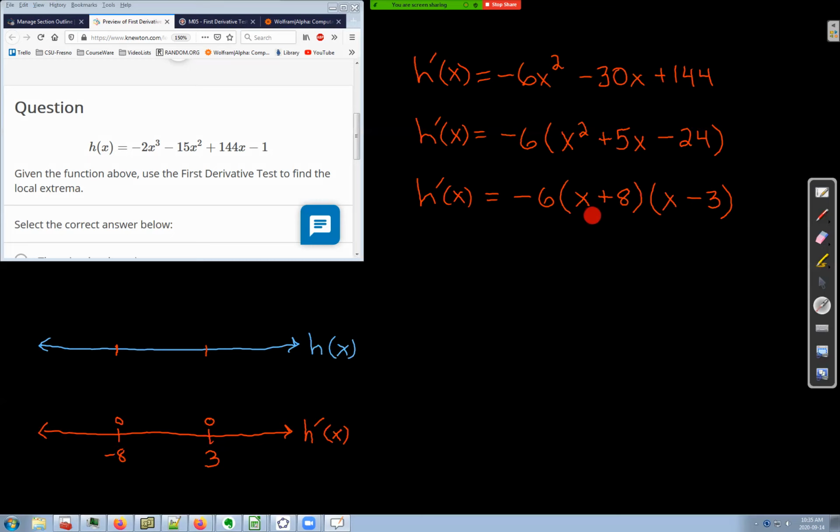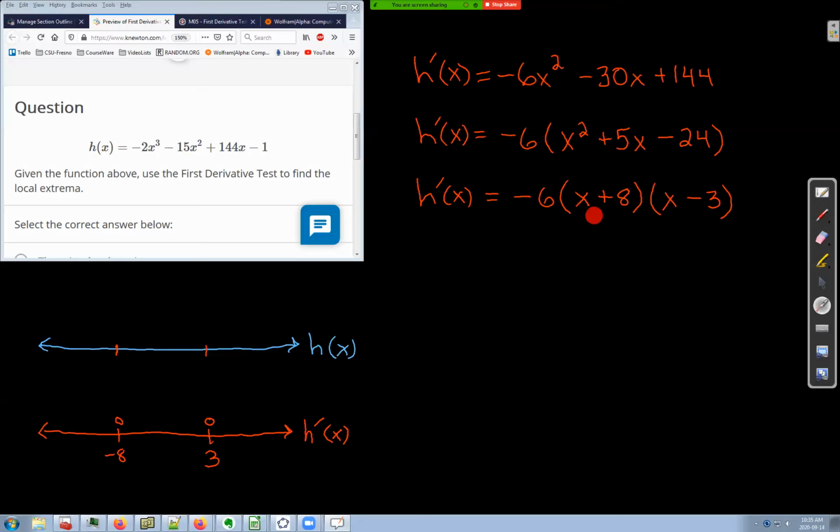So if I put negative 100 into this, what do I get? Another secret here is I don't actually care what the actual number is. All I care is, is the number positive or is the number negative? So if I put negative 100 into the derivative, do I get a positive number or a negative number? Well, let's see. Negative 100 is going to make this negative.